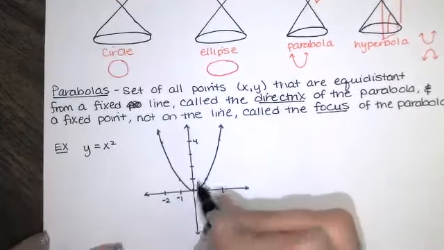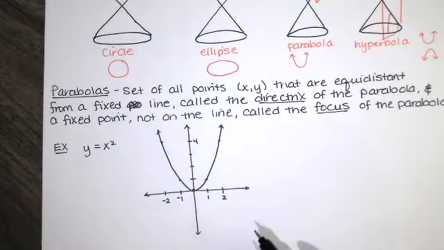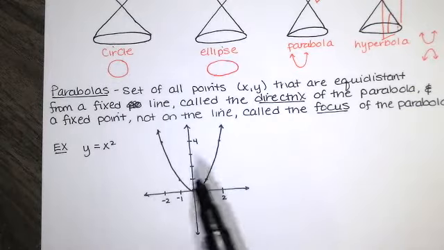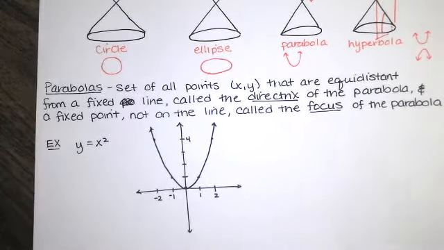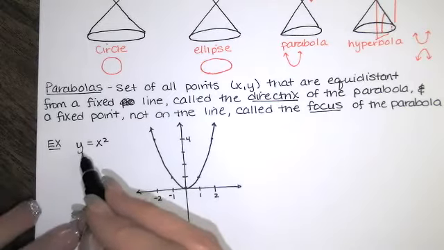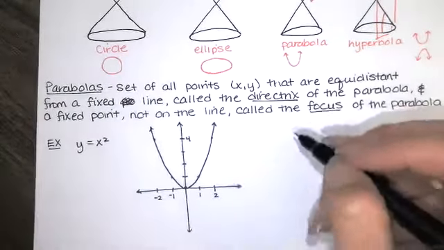And there is a focus, which is up here, and a horizontal line down here, which we're going to call the directrix. Now, in order to find the location of the directrix and the focus, we need to look at the equation of a parabola in standard form. There are actually two equations. If you have y raised to the first power and x being squared, this is the standard form.